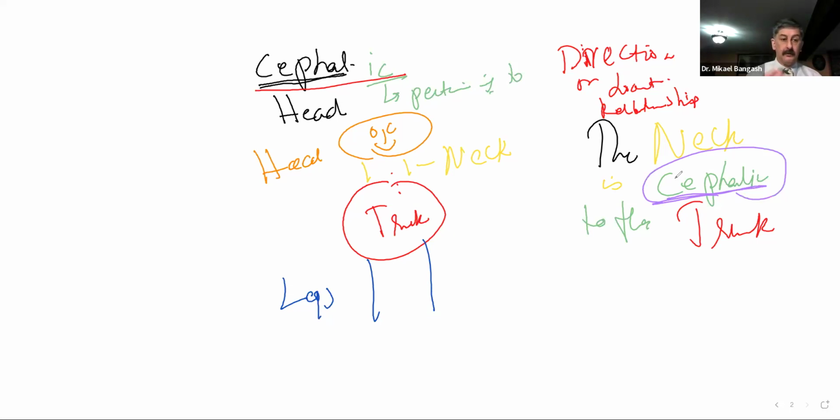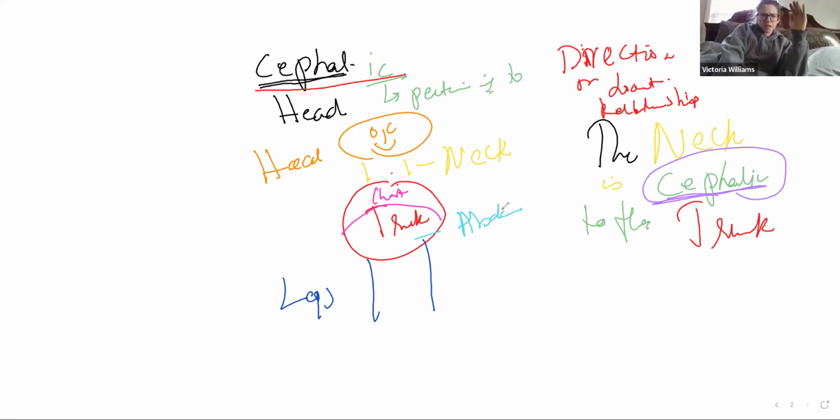Even within the trunk, you have, for instance, the chest and the abdomen. You can say that the chest is cephalic to the abdomen.